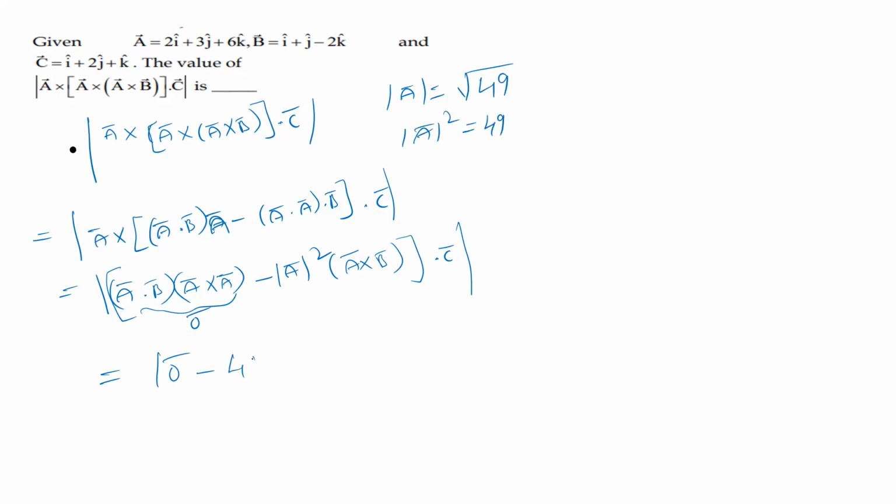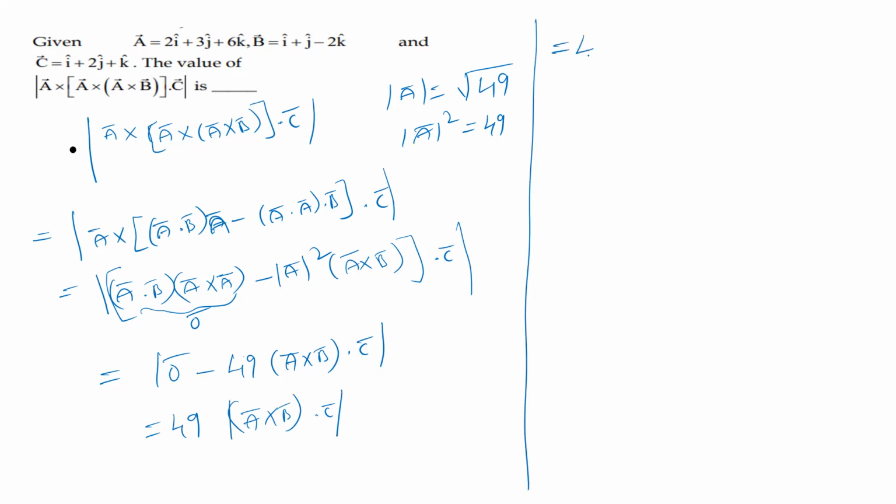Okay. Now this is 49 into a bar cross b bar. Remaining what is left? C bar. Okay. Mod of negative is positive. 49 into mod of a bar cross b bar dot c bar. Now it is a scalar triple product only. That's why it's a box product.